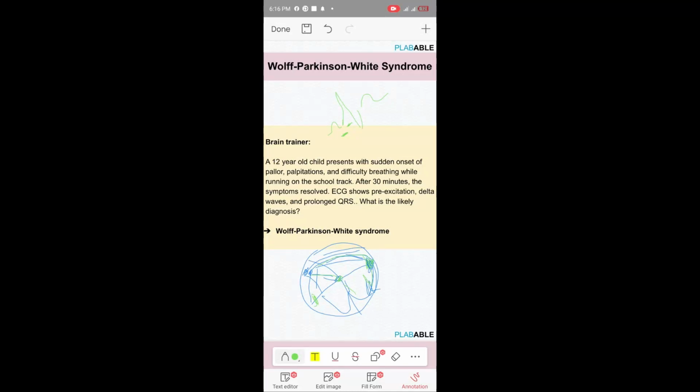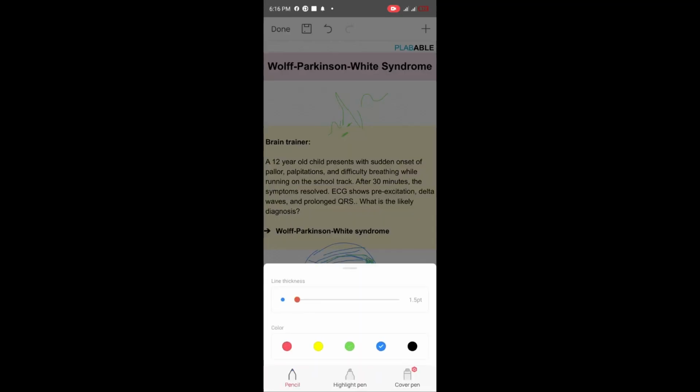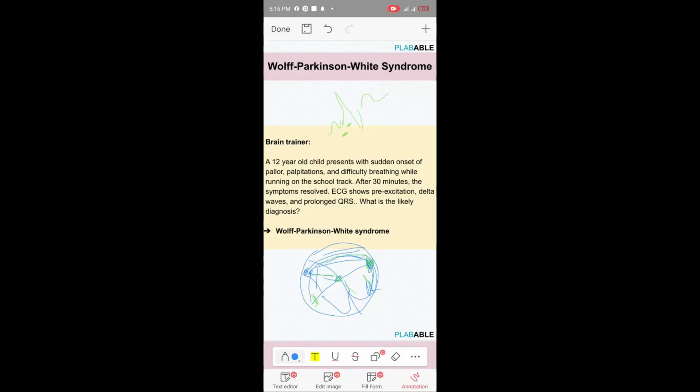It's important, by the way: short PR, delta wave present. The initial slurring of the QRS complex is formed because the ventricles are depolarized earlier through this bundle. So there is the initial slurring, a short PR interval because the impulse has gone through this accessory pathway, and a wide QRS. These are the three features of Wolff-Parkinson-White syndrome.